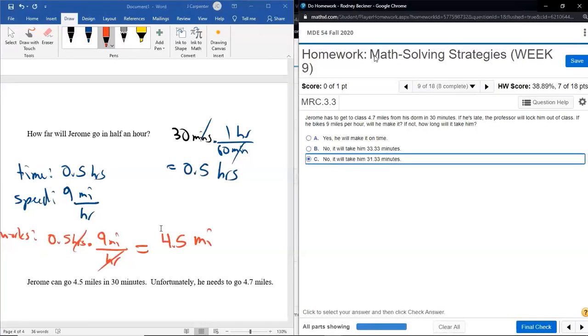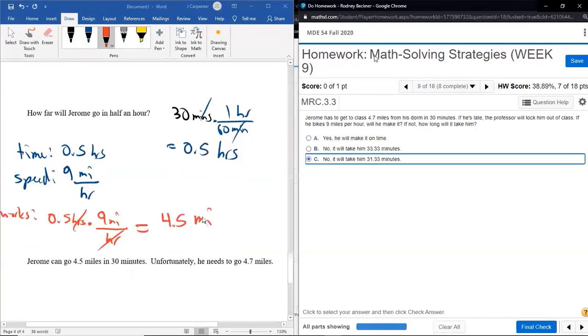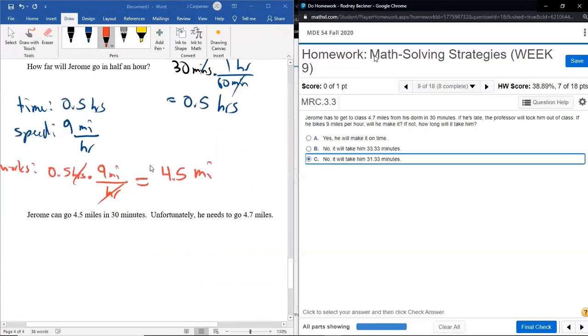So we know he can do 9 miles an hour, but it wasn't fast enough. Now we got to go this 4.7 miles, which is going to take more time. So now let's just try doing math with the 9 miles per hour and the 4.7 miles and see what we get. So they're looking for an answer in minutes. So if we get an answer in hours, that would also be acceptable.